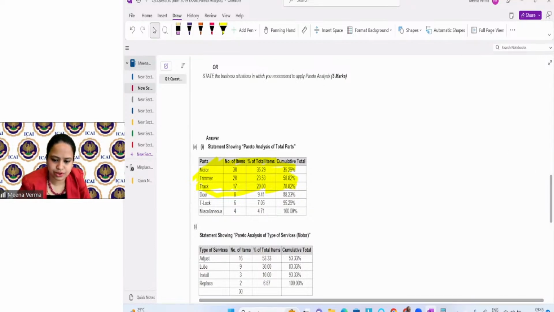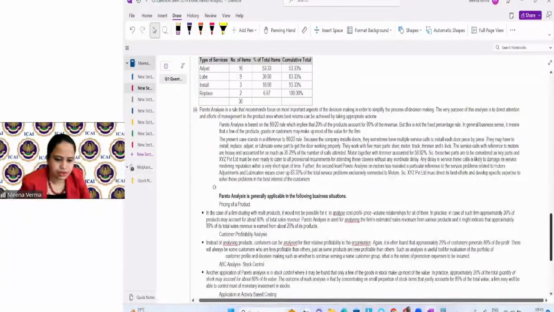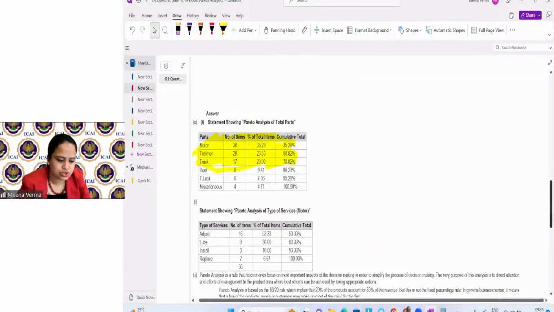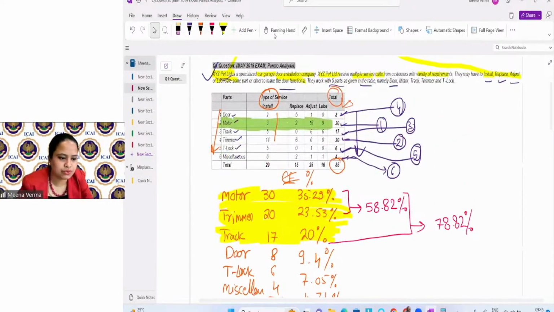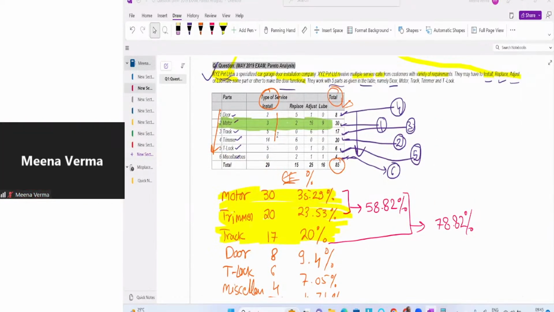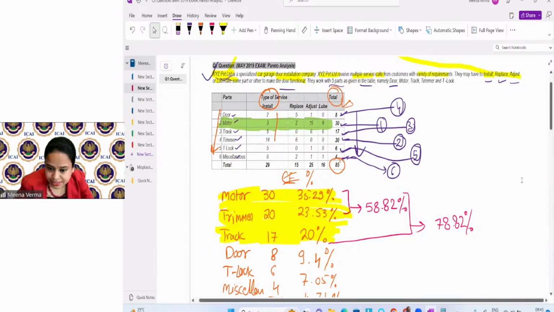All right. So the company should focus on these three parts. Now let's do it for the next part of the question.